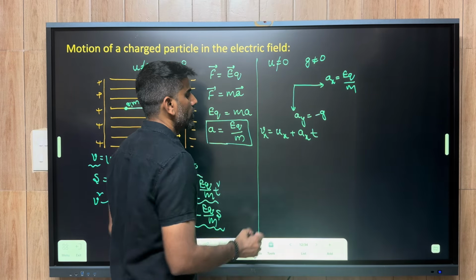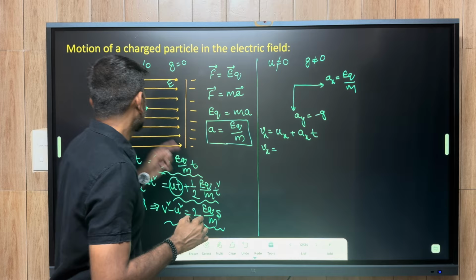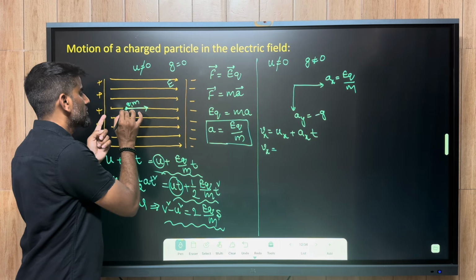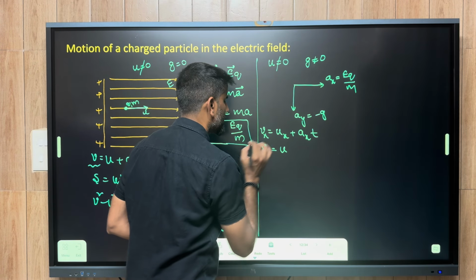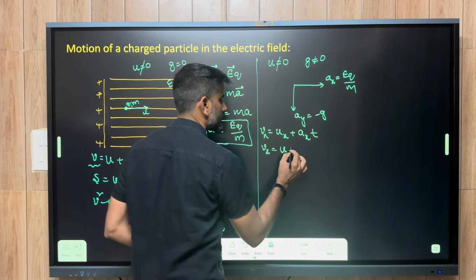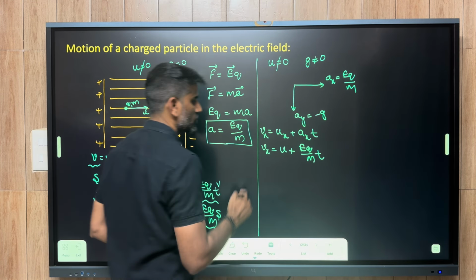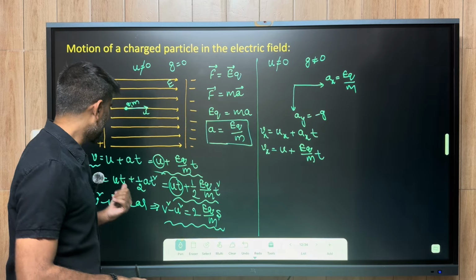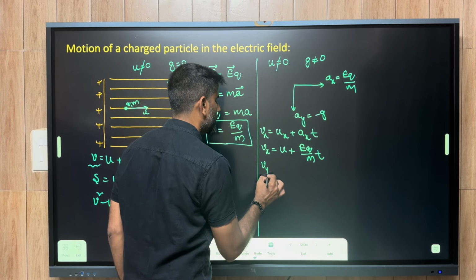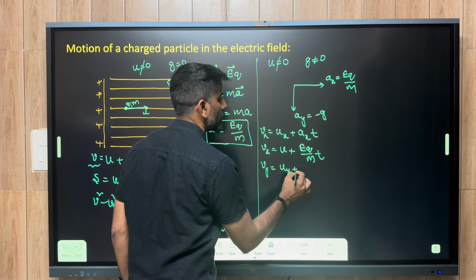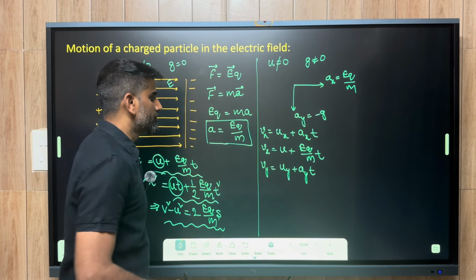Now Vx is equal to, ux is how much? I have provided the initial velocity along the same direction, u. So u is in the x direction, plus ax is nothing but Eq by m into t. So this is what Vx is. Now coming to Vy, Vy is equal to uy plus ay t.